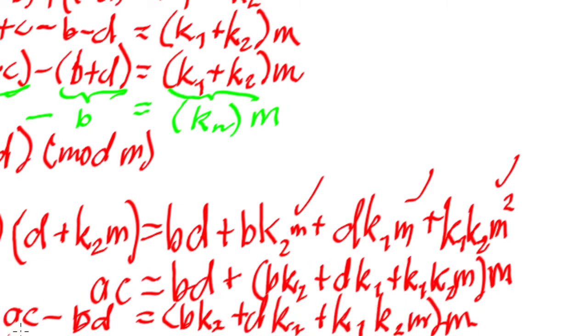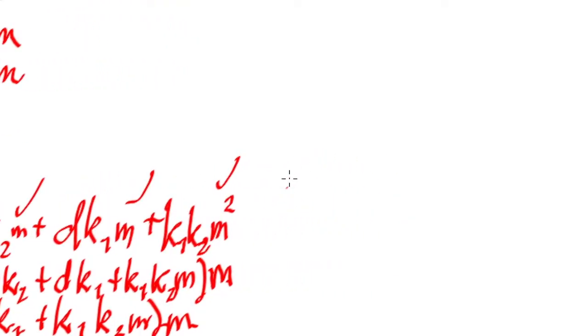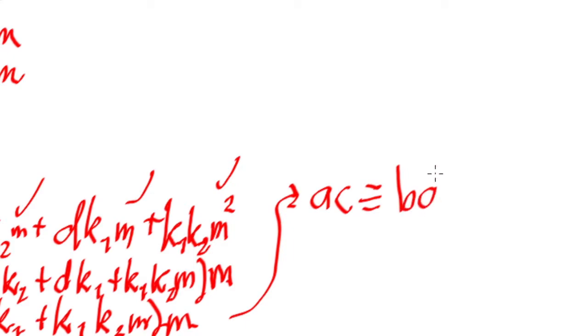The important notion here is A minus B mod M. So this can be rewritten as AC is congruent to BD mod M.